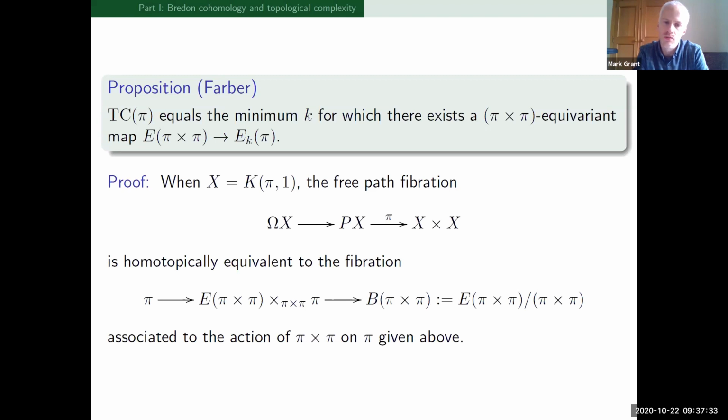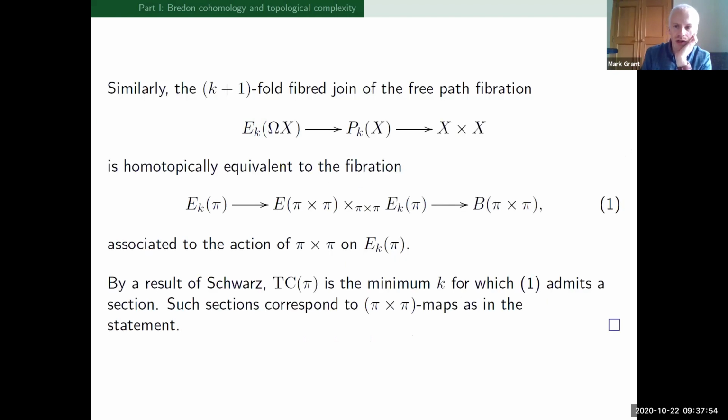And because the monodromy action is what it is, you can actually identify this fibration up to homotopy with the fibration with fiber pi associated to the pi cross pi action on pi that we just gave, the left-right action.